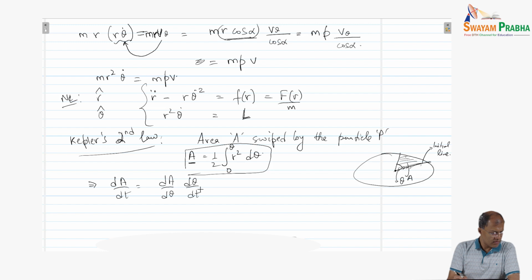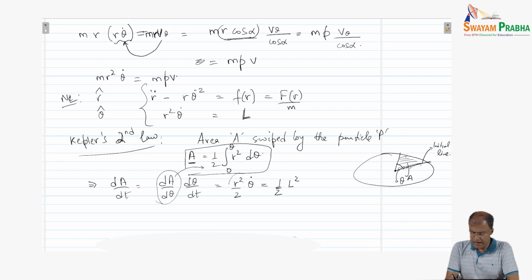And dA d theta can be found from this integral, and this is equal to r square by 2, d theta dt is theta dot, so r square by 2 theta dot, which is also equal to half L, because L is r square theta dot, and we know that this is a constant.